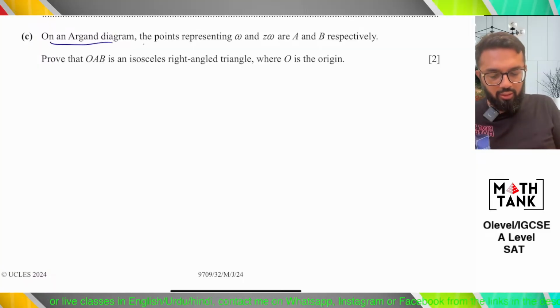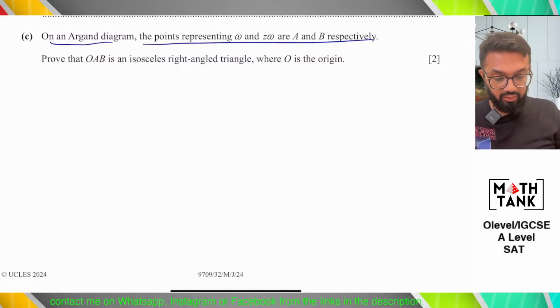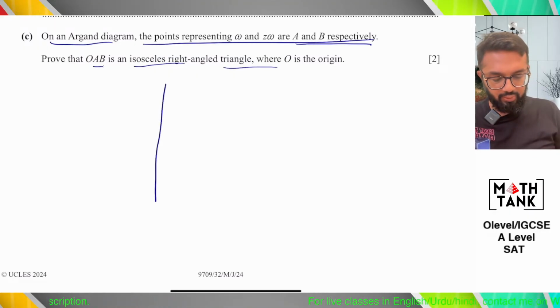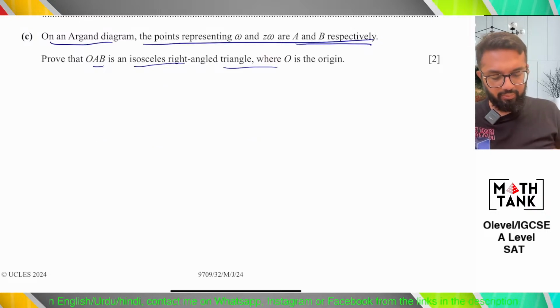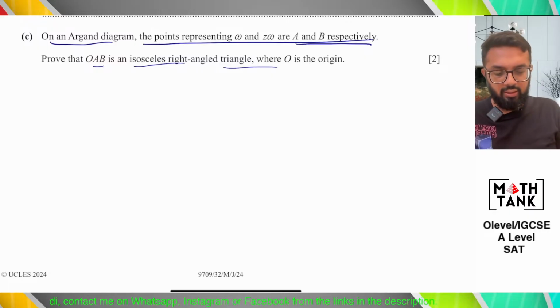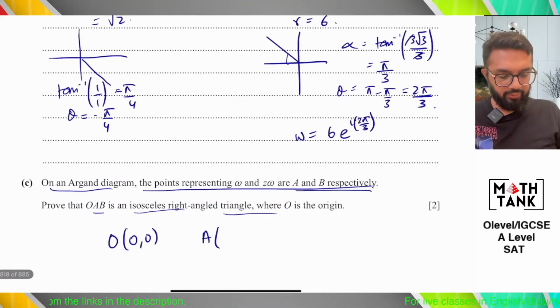Okay, on an Argand diagram, the points representing W, ZW, and A and B are A and B respectively. Prove that OAB is an isosceles right angled triangle where O is the origin. So it's isosceles at A. That's a right triangle as well, which means that the Pythagoras theorem must fit, and the sides should be equal as well.